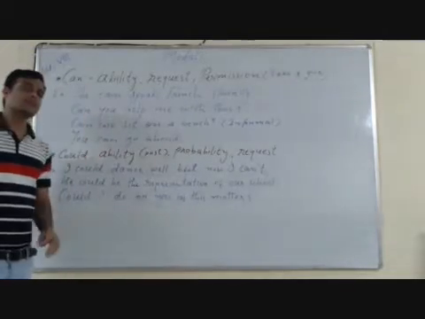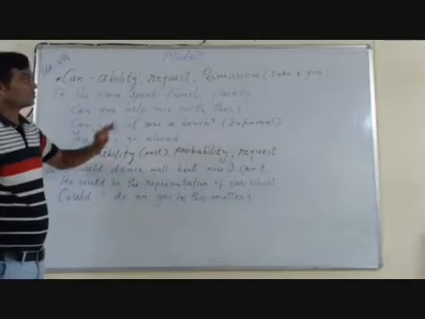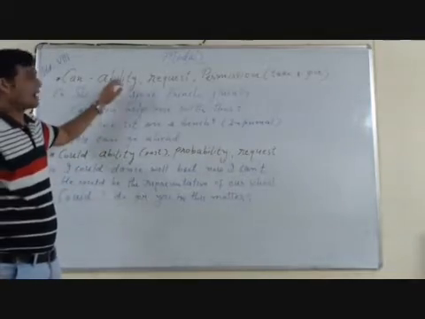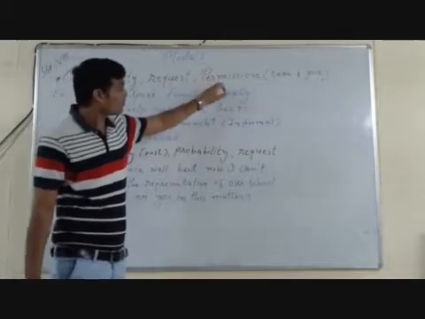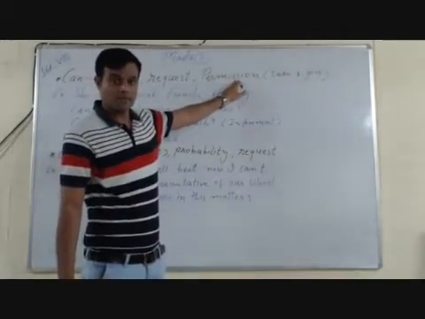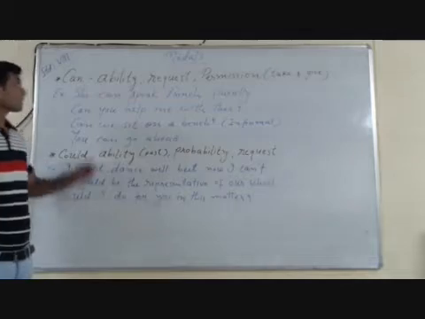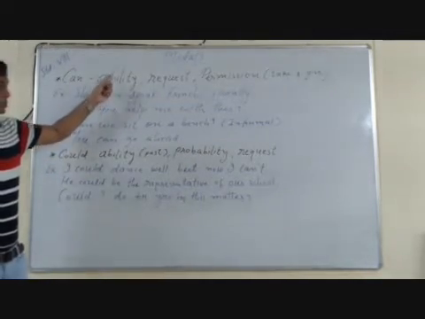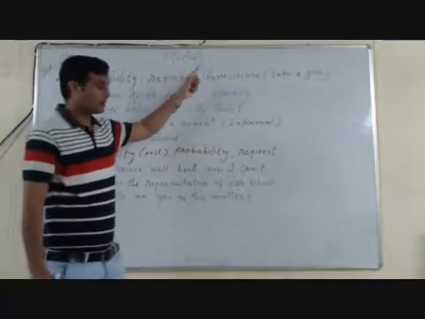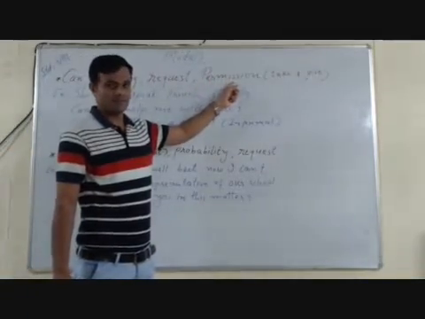Can, this model is used to show ability, to make a request, and for permission. I repeat, can is used to show ability, for making a request and for permission.